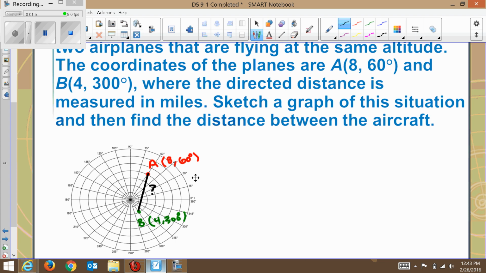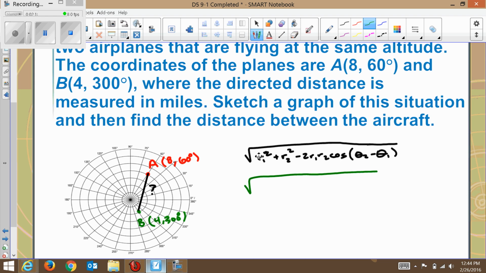What is that distance? So to find it, I'm going to use the distance formula it just gave me, which was r1 squared plus r2 squared, minus 2 times r1 r2 cosine of the second angle minus the first angle. That's what I'm looking for. So let's plug some stuff in.